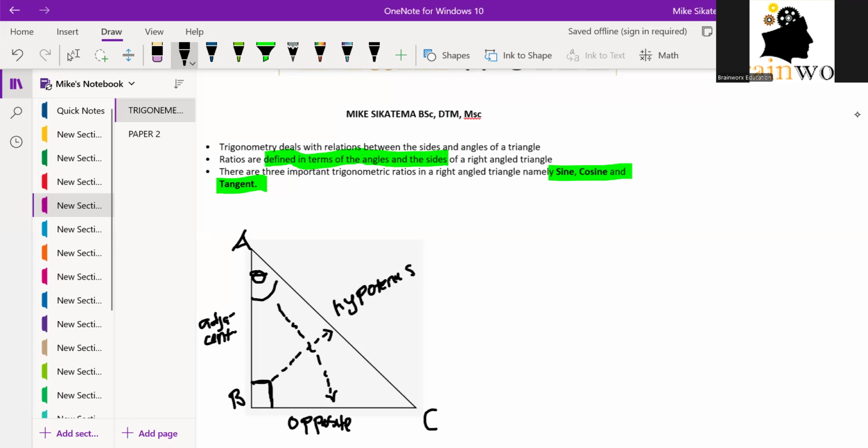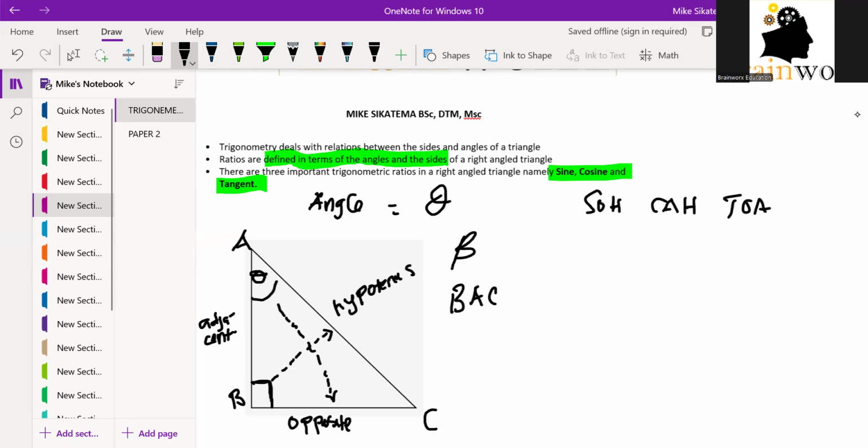How do we do that? We will say SOH, CAH, TOA, and our given angle here is theta. Notice that this angle, today we've called it theta. Next time it can be angle beta, or next time it can be angle BAC.